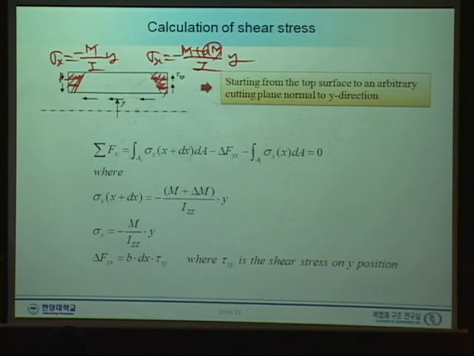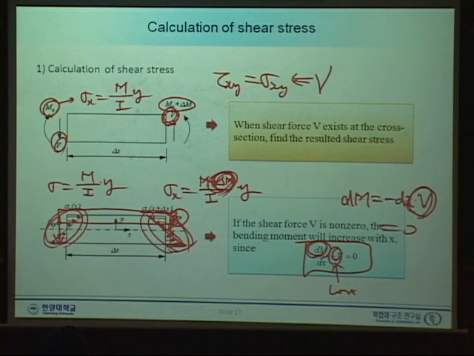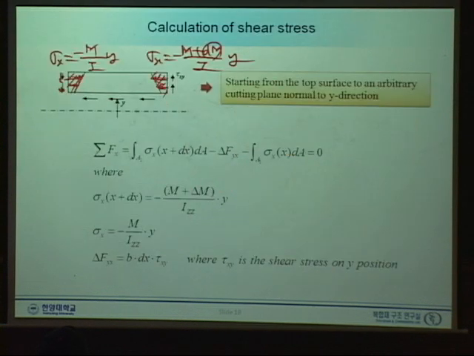And here, we should have some shear stress, right? See, here, we have the shear force, and that shear force would cause some kind of distributed shear stress. And that is the distributed shear stress, tau yx and tau xy.